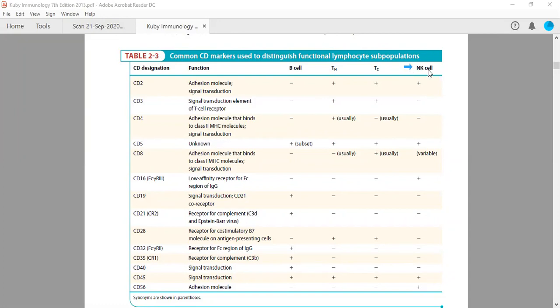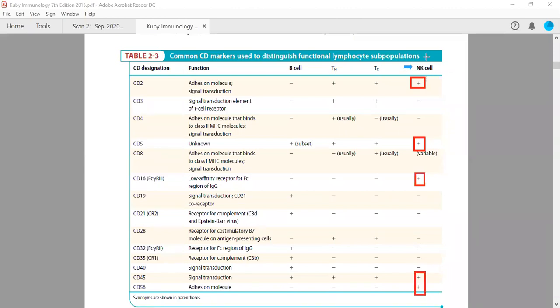Okay, so we are discussing natural killer cells, right? So natural killer cells are showing plus, plus, plus, which means these are present. These CD markers are present over natural killer cells.